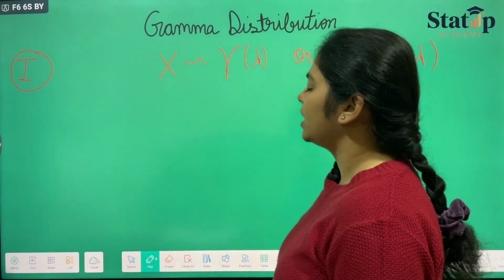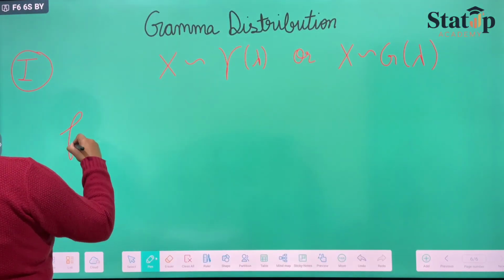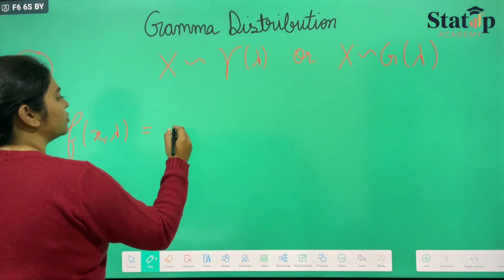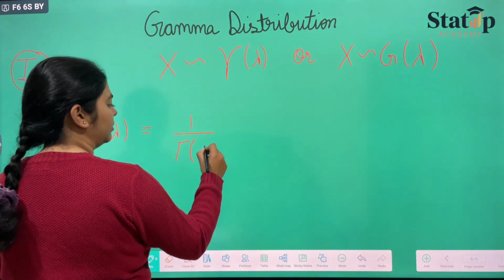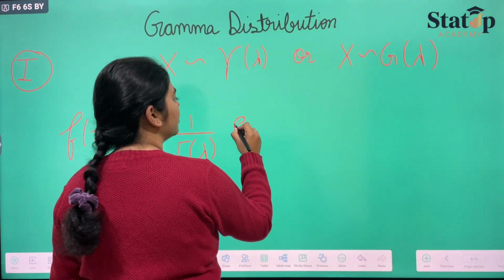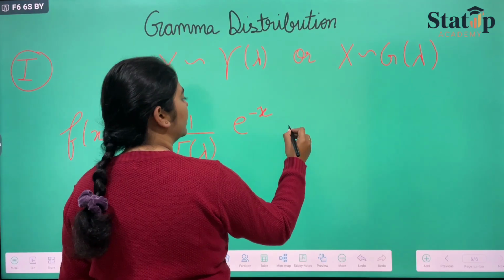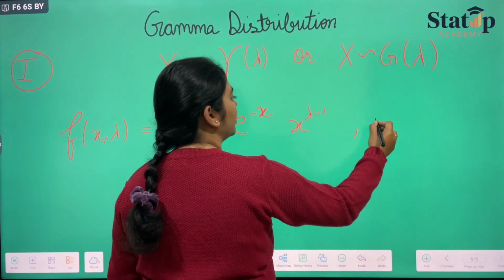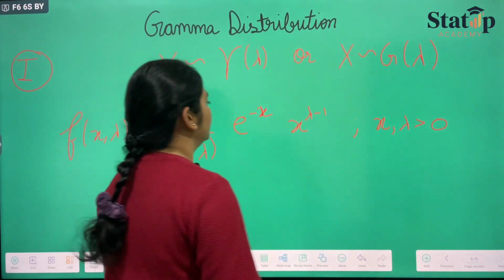So this is known as the one parameter gamma distribution, and its PDF is given by f(x; lambda) equals 1 upon gamma of lambda, e raised to the power minus x, and x raised to the power lambda minus 1, where both x and lambda are greater than 0.